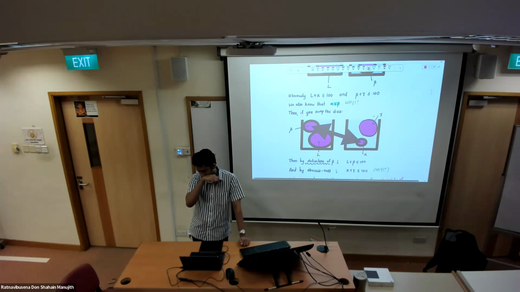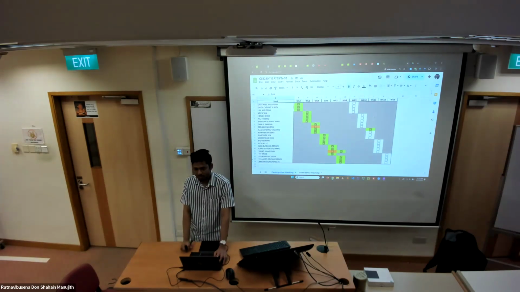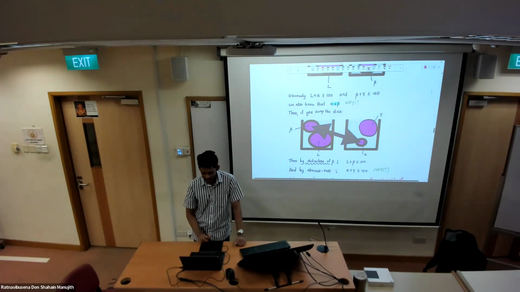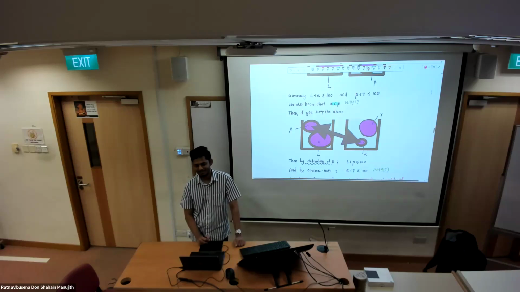Why must alpha plus gamma also be at most 100? Because they fit on the same disk. The same disk. So alpha plus gamma is this. So how can you say that they fit on the same disk? I mean, you can see that they fit on the same disk, but how can you mathematically prove that?